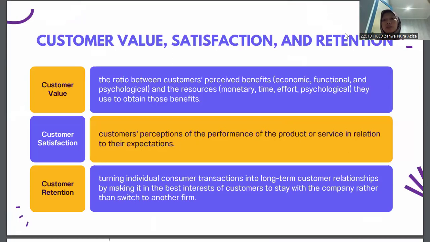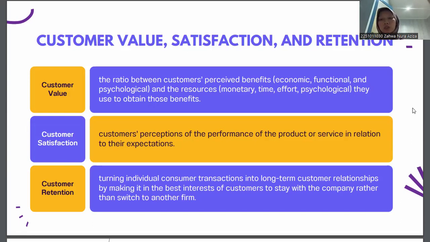So in customer value, satisfaction, and retention, customer value is the ratio between consumer perceived benefits, economic, functional, and psychological, and the resources, monetary, time, effort, and psychological, they use to obtain those benefits.